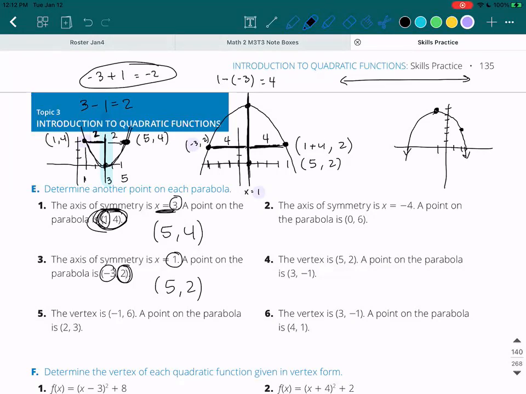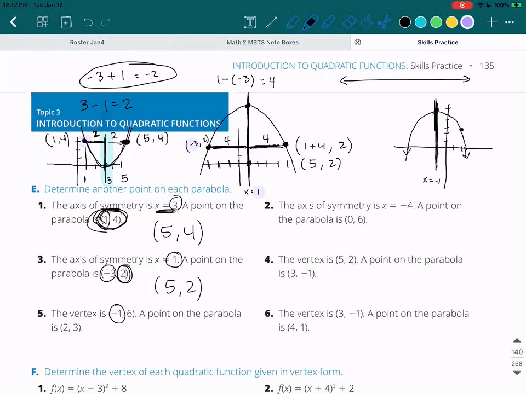Anyways, so now we have our axis of symmetry that goes through here. Remember, your axis of symmetry always goes through your vertex. And so therefore, our axis of symmetry is x equals the x value of your vertex, -1. And then now that we've pointed out our axis of symmetry, we can proceed to solve this problem the same way we solved the other two, which is to find the distance between the point and the axis of symmetry.